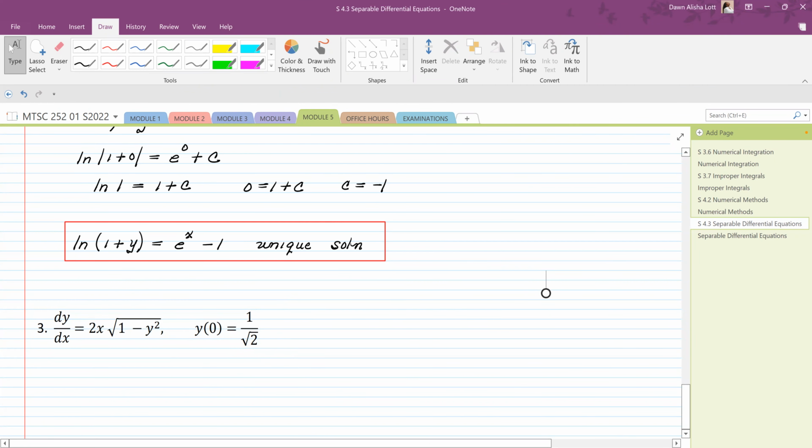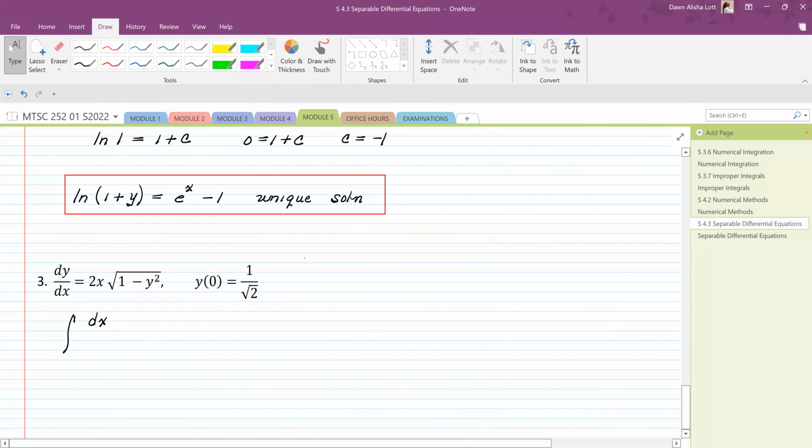I have the integral of dy over 2x equals the integral of root 1 minus y squared dx. Okay, so let's think about this.